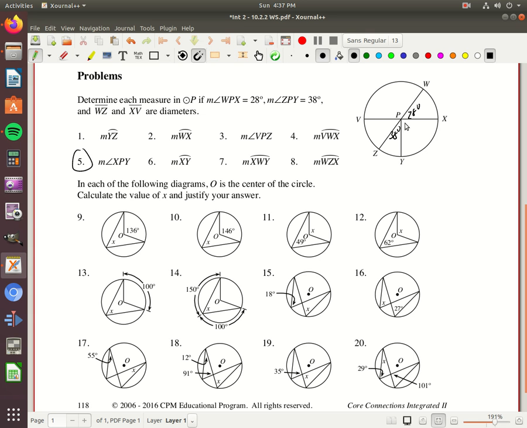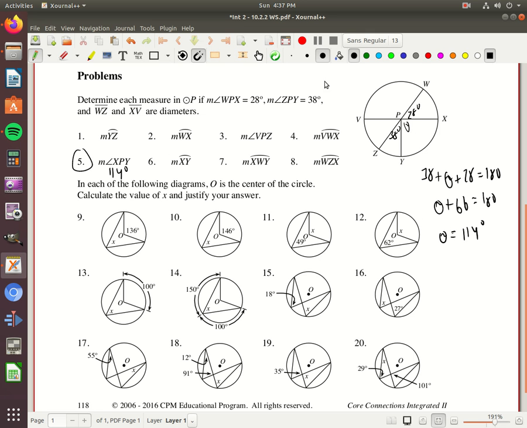So if I just called this theta, for lack of a better term, we'll say 38 plus theta plus 28 equals 180. That's going to give me theta plus 66 equals 180. So theta would equal 114 degrees. So I know the answer to that is 114 degrees.